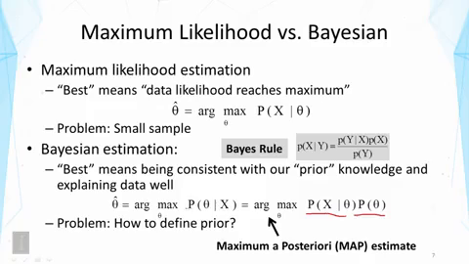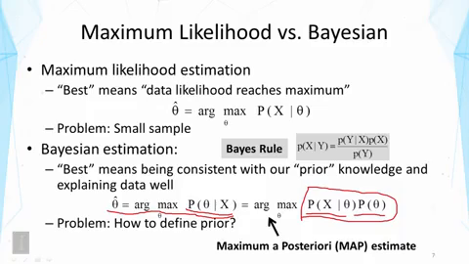The posterior probability combines both of them, so it represents a compromise of the two preferences. And in such a case, we can maximize this posterior probability to find a theta that would maximize this posterior probability.